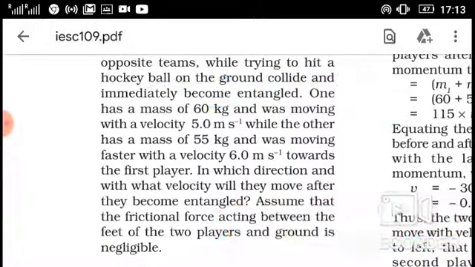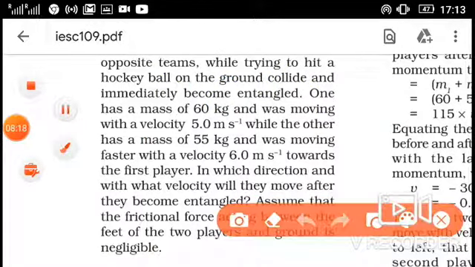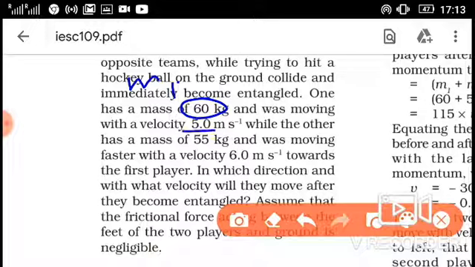Because of the screen this problem happens. This is m1, it is moving with this velocity, means this is u1 velocity, this is m2, was moving faster with the velocity 6 and that is u2.